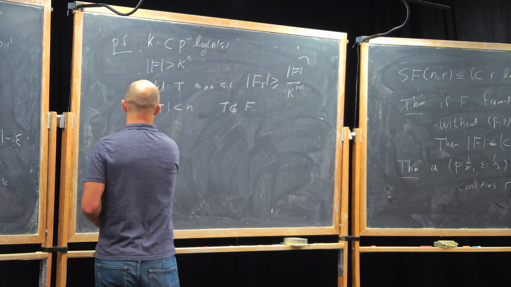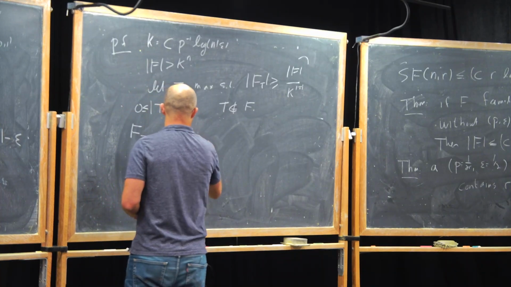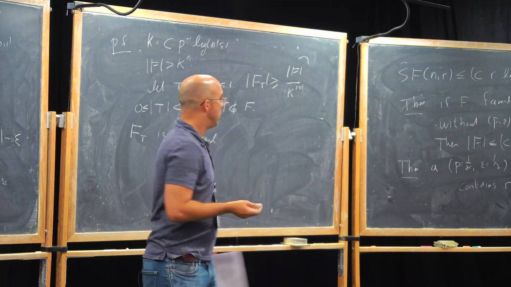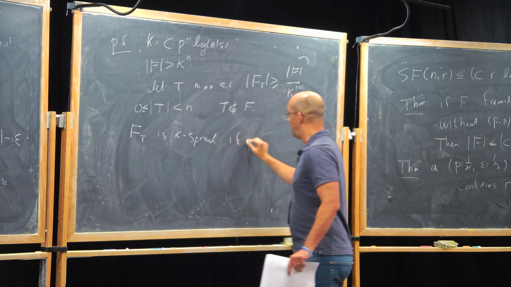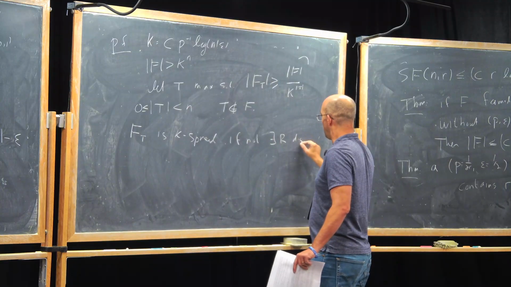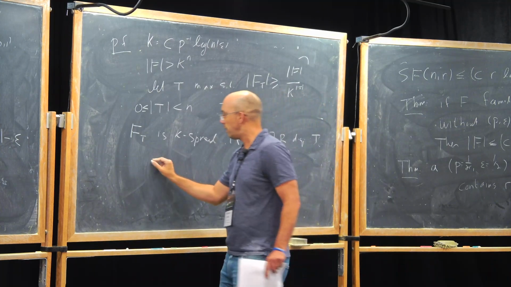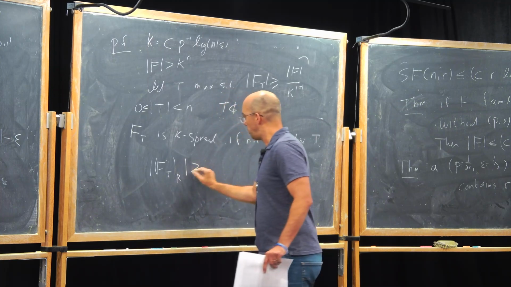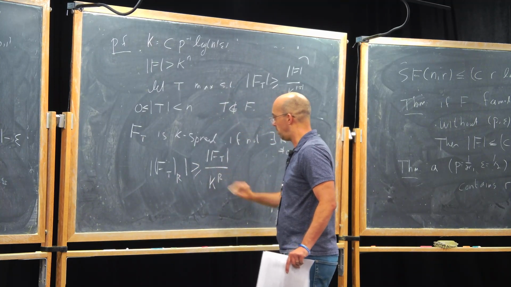And I'm claiming that F_T now is k-spread. Why is it k-spread? If it was not k-spread, then there would exist some R, disjoint from T, not empty, such that F_{T∪R} is more than F_T over k to the |R|.